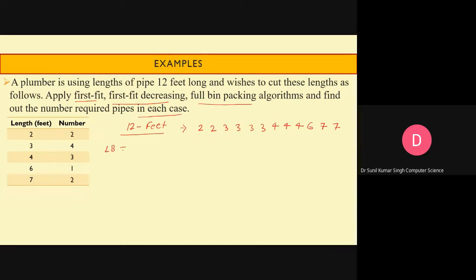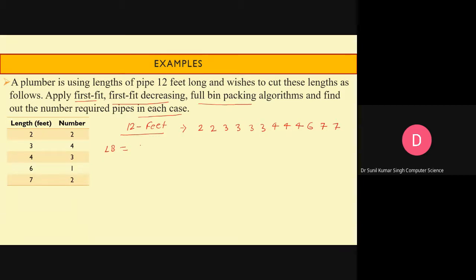For calculating the lower bound, we have to calculate the total length of the required pipe, and we have to divide it with the capacity, the length of one pipe.